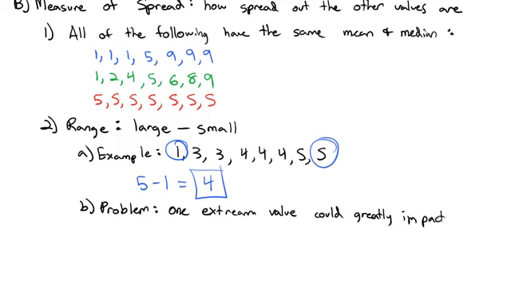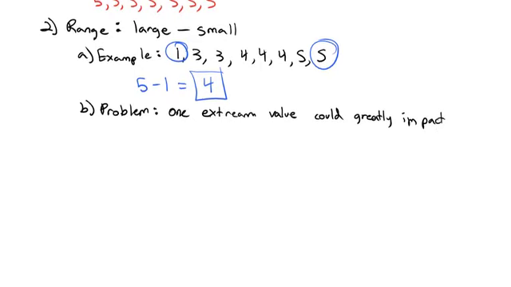For example, if there was also a 27 in this data set, 27 minus 1 would be 26. There's a large range between the numbers, when most of them are actually clustered quite closely together. So this is why we need a different, better measure of spread.